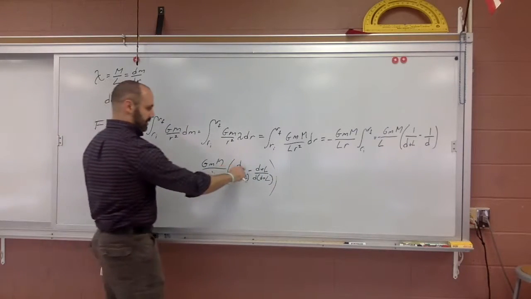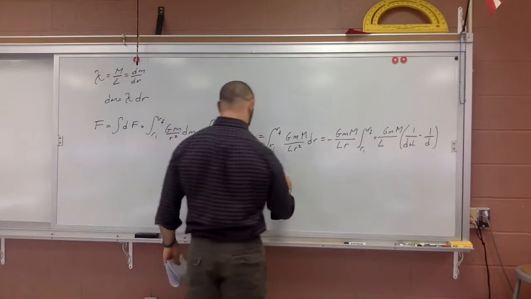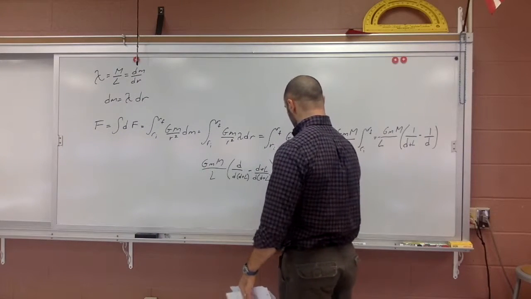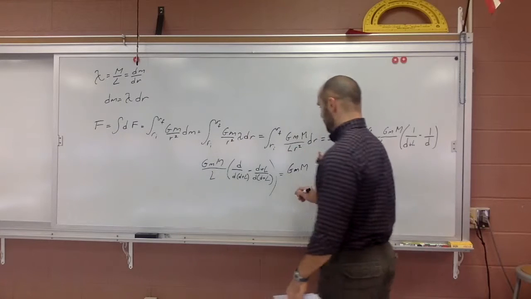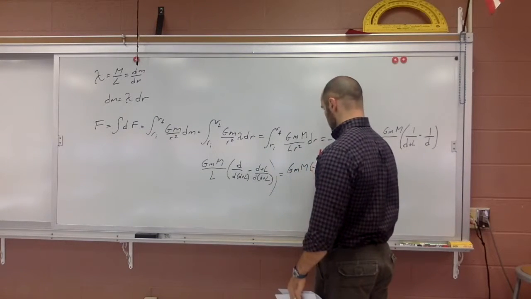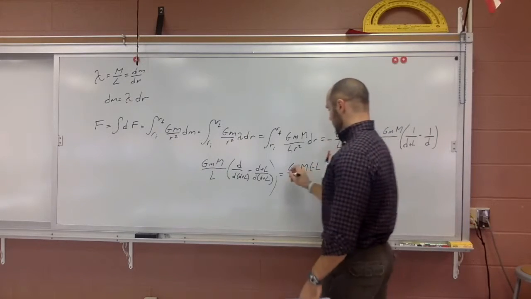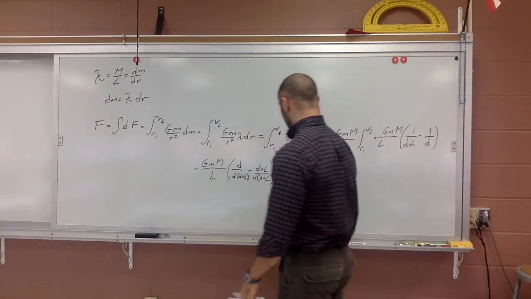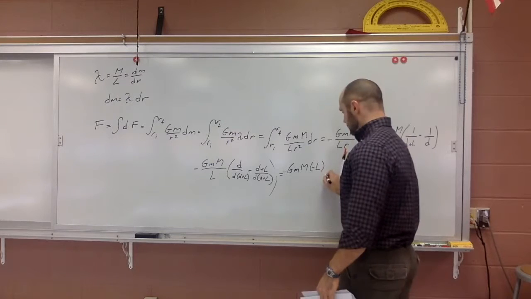And so then I have this minus this, I subtract the numerators, and I get GMM, and I have negative L here. All of this is still, I have the minus in front, right?